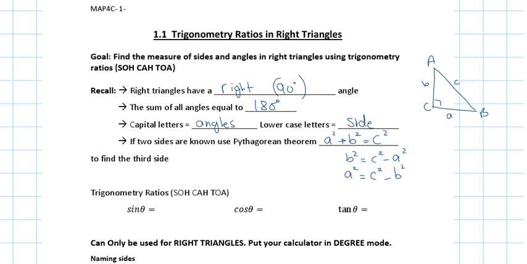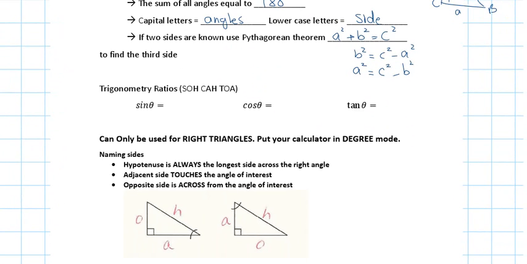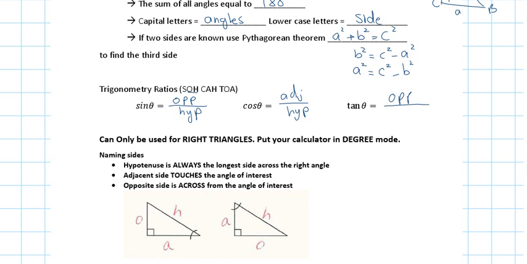O is opposite over hypotenuse. Cosine is adjacent over hypotenuse. And then TOA, so tan is opposite over adjacent. Excellent.